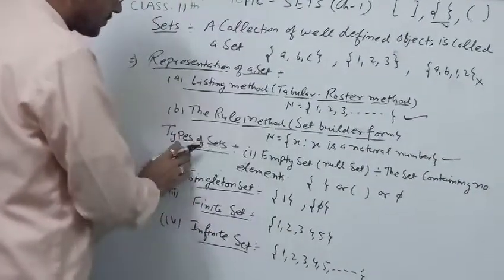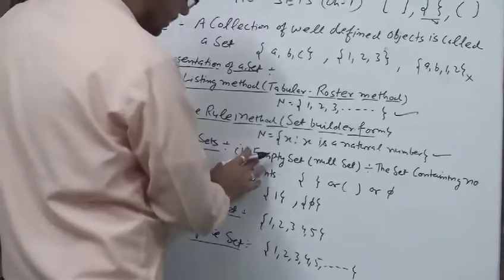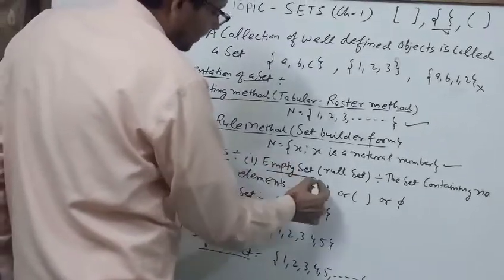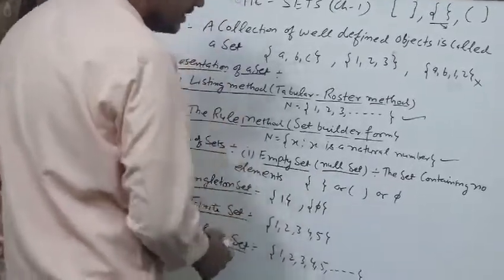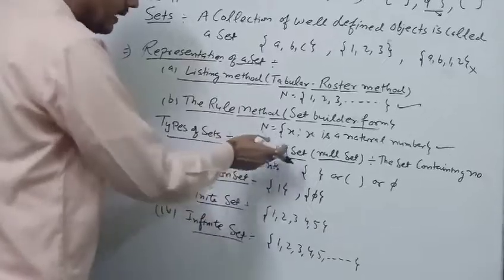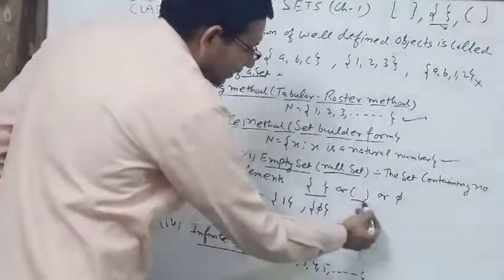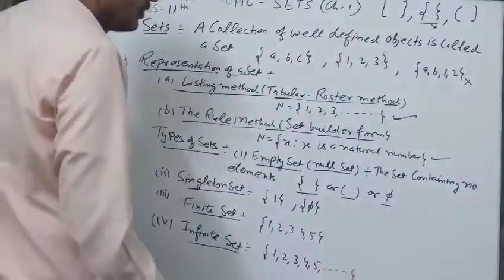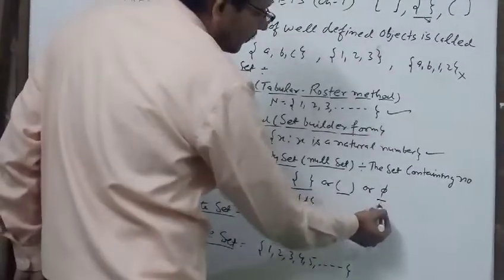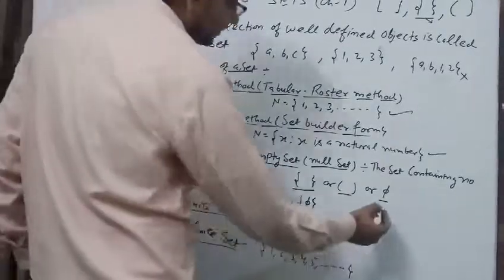Again, types of sets. First is the empty set, or null set. The set containing no elements is called an empty or null set, like this, and it is also represented by phi. The empty set is also represented by phi.